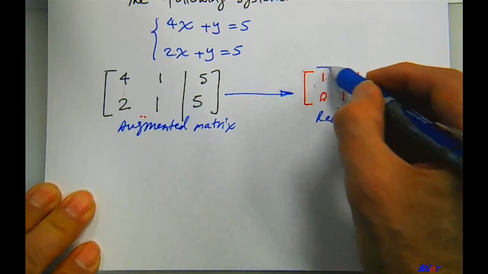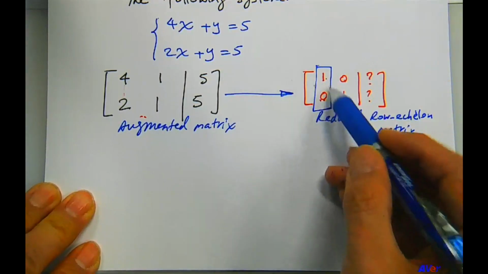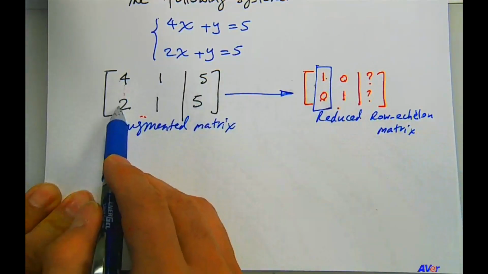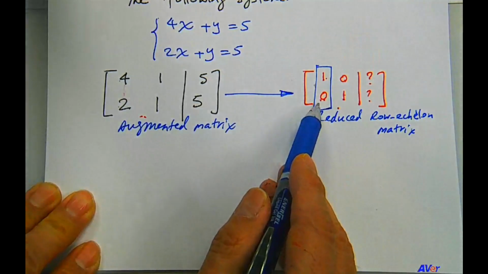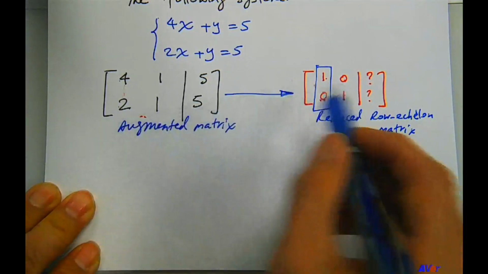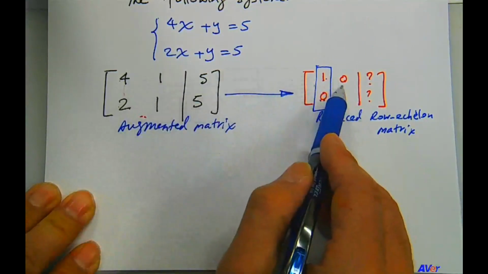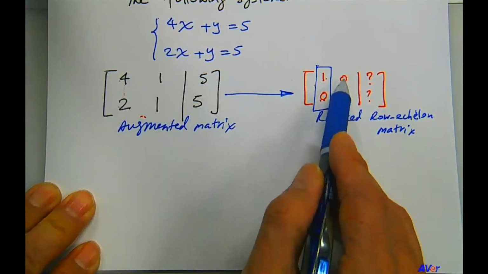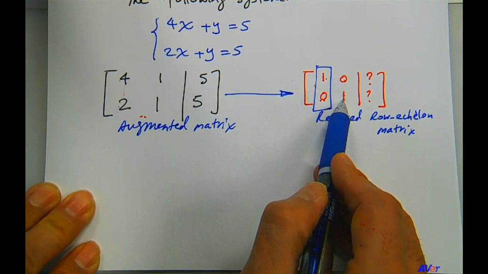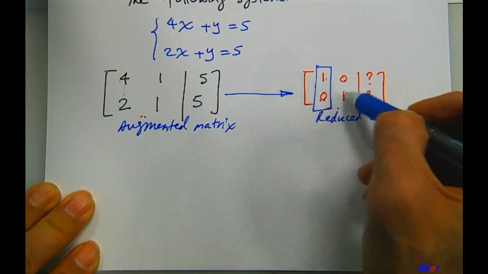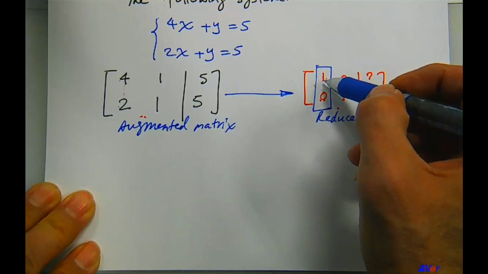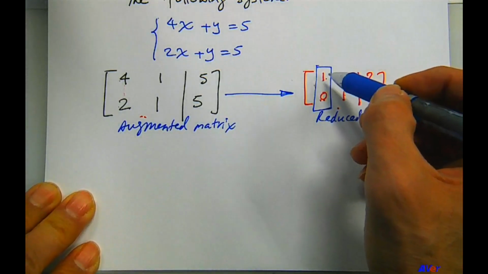So first we need to obtain this column, to go from 4, 2 to 1, 0. Once we've done that, we go from this column to that column, obtaining 0, 1. Having said that, in each column, the number to obtain first is the 1.